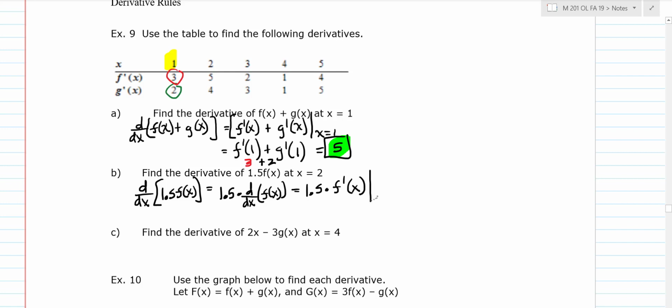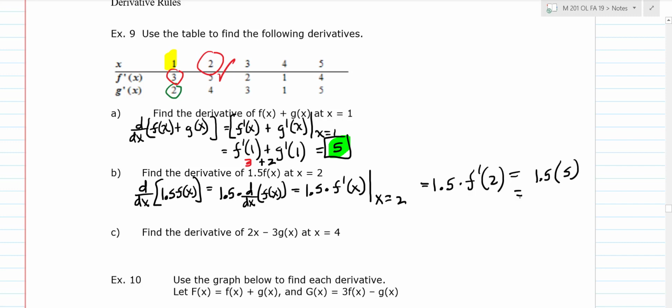Then you evaluate this at x equals 2, so you have 1.5 times f prime of 2. Again, look this up on the table. If x is 2, then f prime of 2 is 5. So you get 1.5 multiplied by 5, and that gives the answer to the problem.